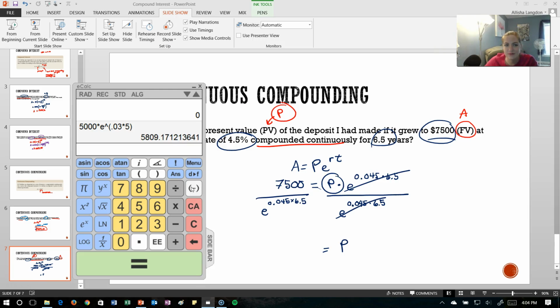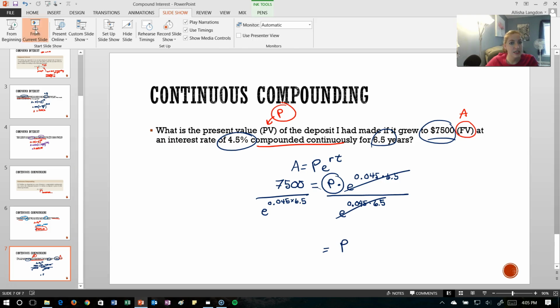So 7,500 divided by e to the x, so hit that e to the x button. In the exponent is 0.045 times 6.5. Close parenthesis, hit enter, and it looks like $5,597.96.